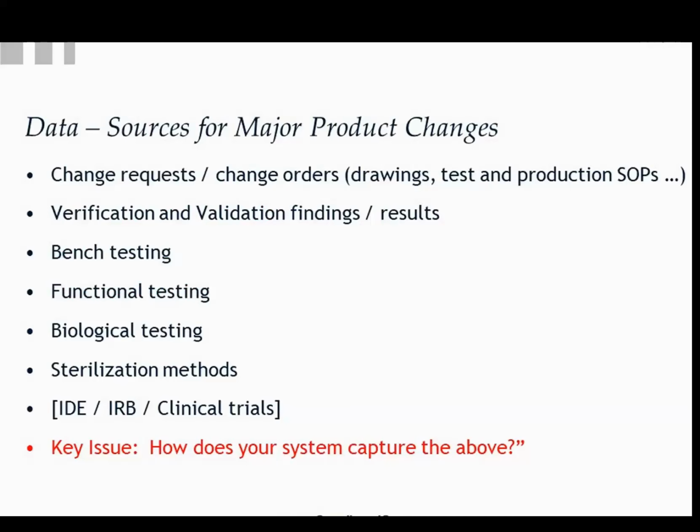But the second aspect you have to evaluate with every change is, does this new change plus all the previous changes from the last 510(k) you as a company submitted, does that cumulative set of changes drive the need for a new 510(k)? Does it raise new questions of safety and efficacy?